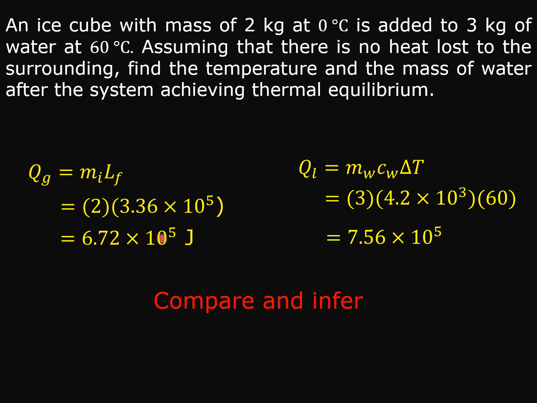So that means the final temperature cannot be 0 degrees C. It would be higher than 0 degrees C, because this quantity of heat is enough to convert the ice cube into water, and then increase the temperature of the water to a certain value which is larger than 0.